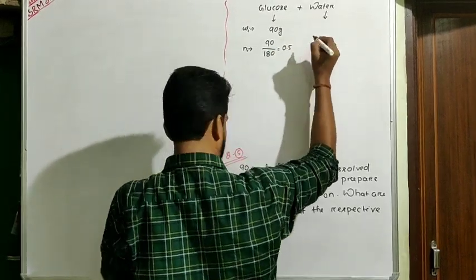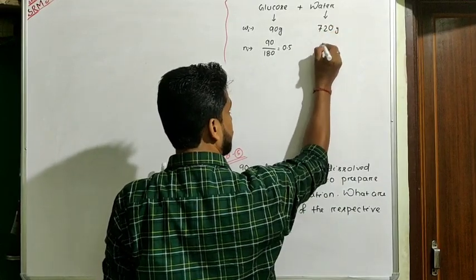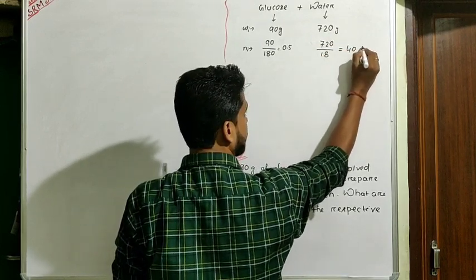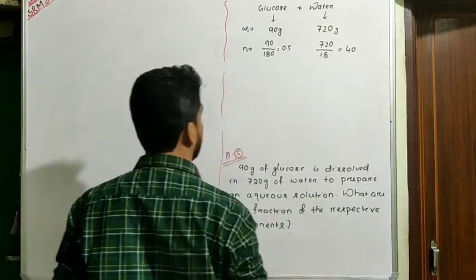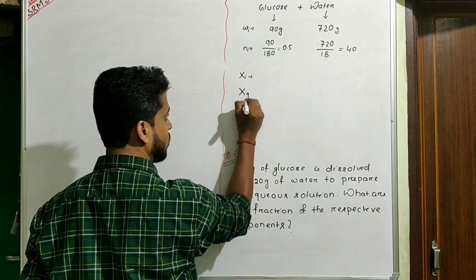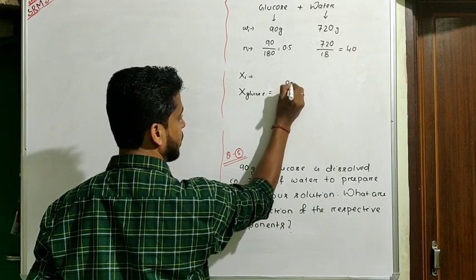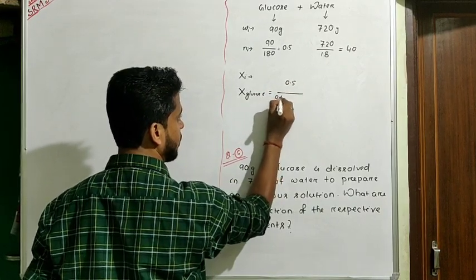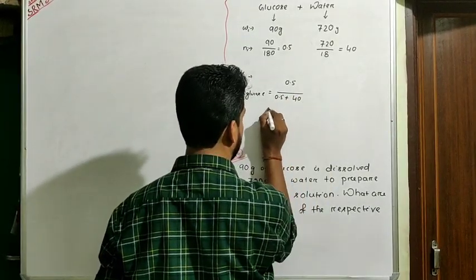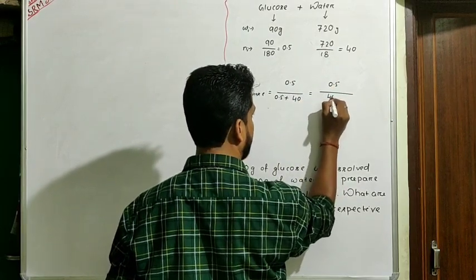Water is how much? 720 gram. So 720 by 18, that is 40. So xi, that means the mole fraction of glucose, is equal to 0.5 by 0.5 plus 40. That equals how much? 0.5 by 40.5.